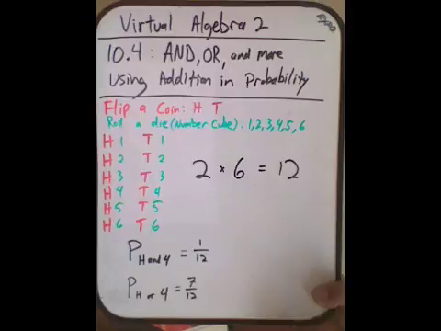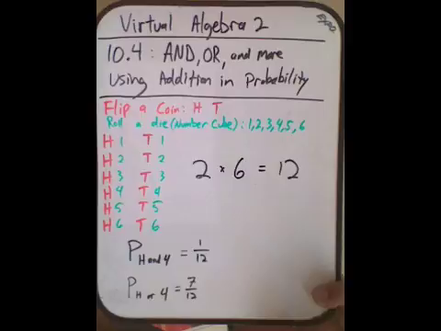So an or is not very picky. It tends to be relatively easy to satisfy an or. And you can see that here, when you count up all the possibilities, there are 7 ways to make this happen, and there are 12 total possible outcomes, so the probability of heads or 4 is 7 out of 12.